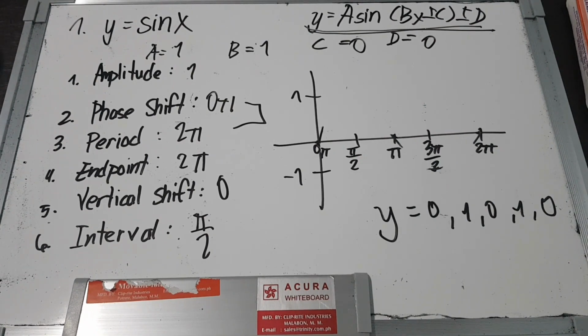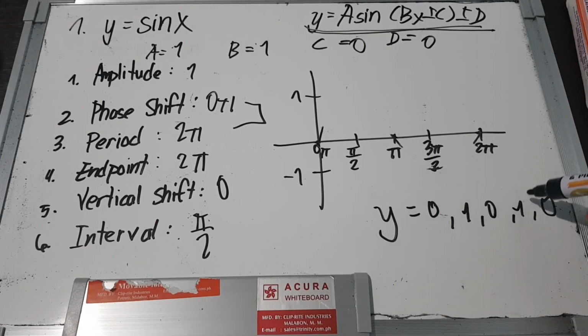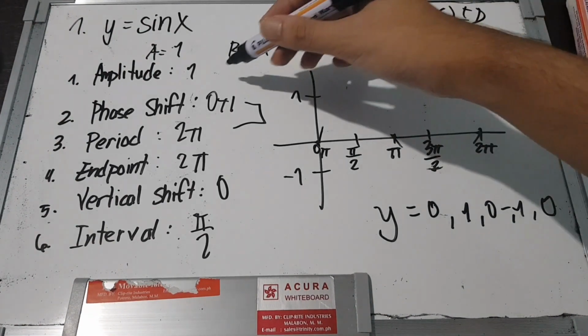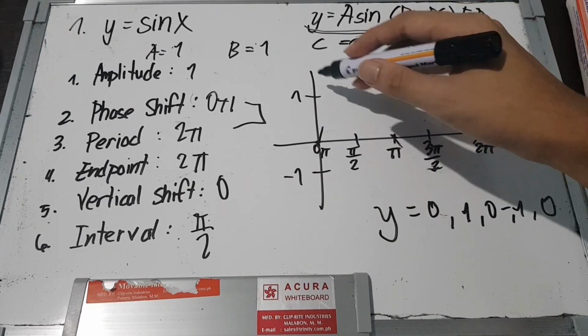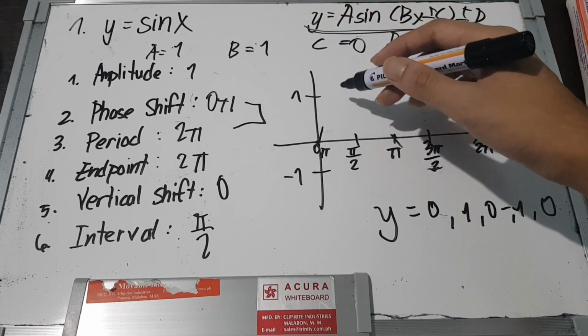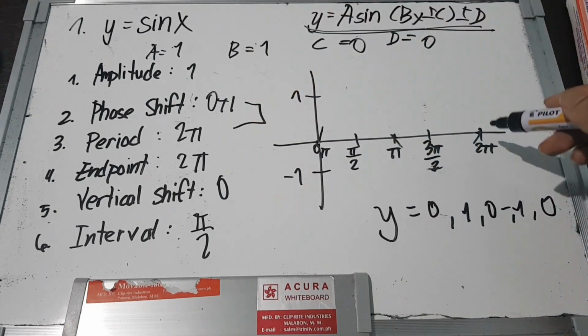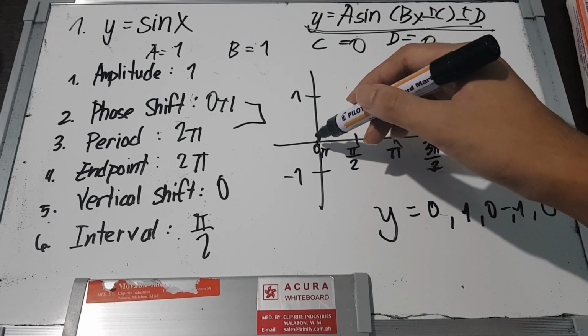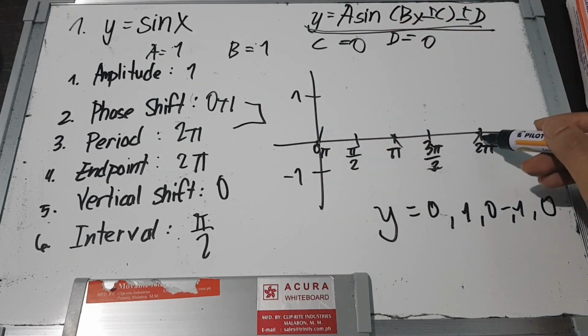First, we need to get the y values for the graph of sine, which is 0, 1, 0, -1, and 0. So, our amplitude is 1, meaning the height of our graph is 1 unit. Our phase shift is 0 pi, meaning we would start at 0 pi. Our period is 2 pi, meaning there should be 1 full revolution by the end of 2 pi.